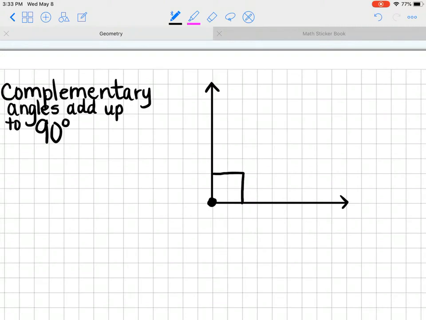So what if I came in here with a third ray? Let me draw that one right through here. Okay, so this is my third ray. And let's suppose that I actually used my protractor. I'm not going to because it takes a little bit of time. But suppose I did use the protractor and I found out that this part of the picture is 30 degrees.